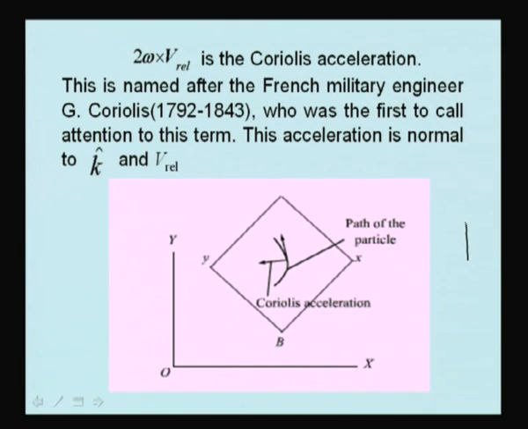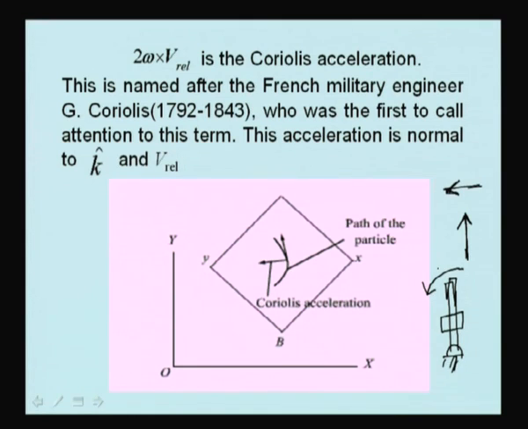That means, if this is the relative velocity, suppose there is a link on which this slider is moving, and the link is moving in the counterclockwise direction. The relative velocity of the slider is shown like this. Because the link itself is rotating in the counterclockwise direction, rotate the relative velocity in the counterclockwise direction. This is the direction of the Coriolis acceleration.